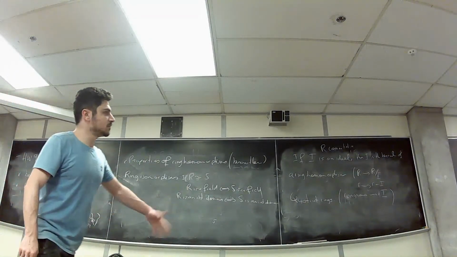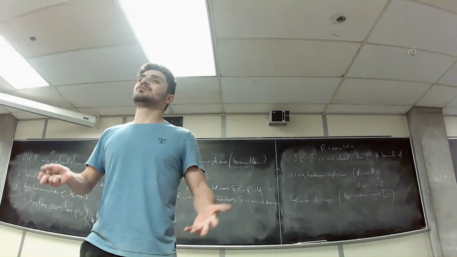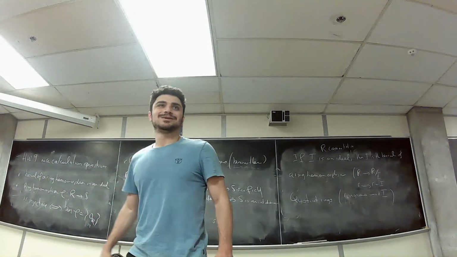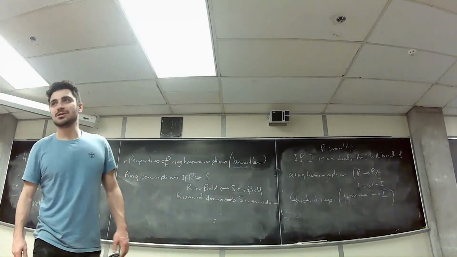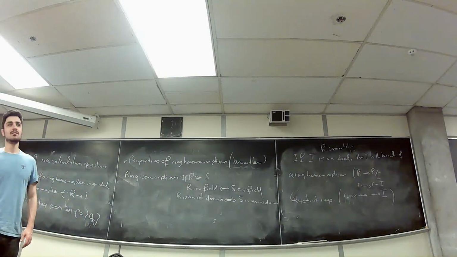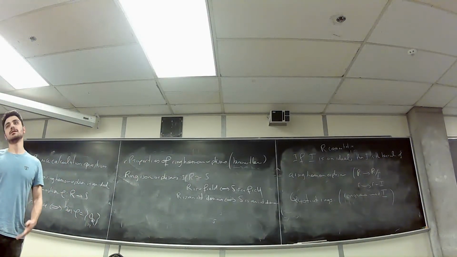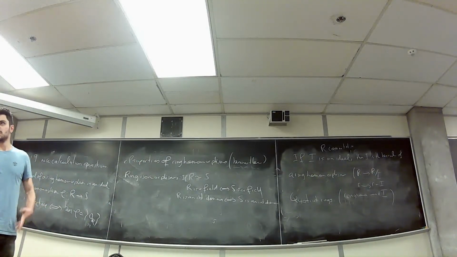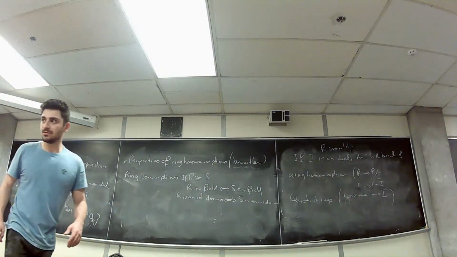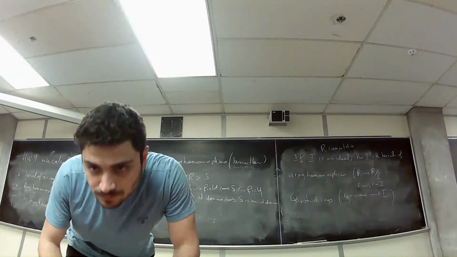I will not ask you to show that the operation is well-defined because it's not a very interesting question, but you have to use the congruence property mod I in some questions, especially the calculation type questions. Great.